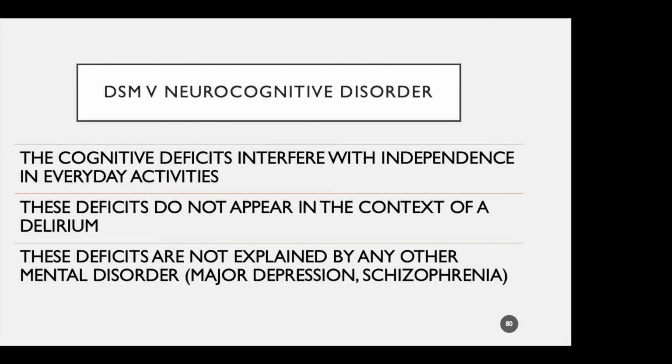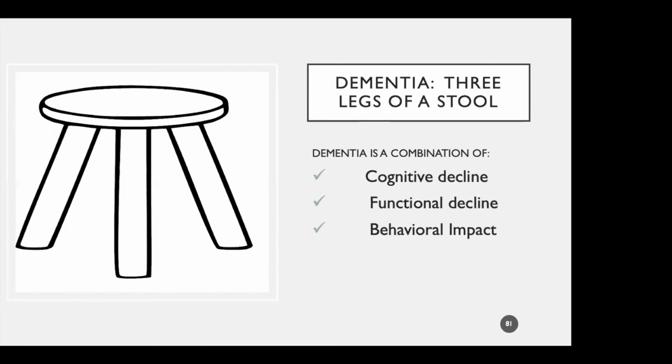Next slide. I look at dementia as a stool with 3 legs. The 3 legs are cognitive decline, functional decline. Remember, cognitive decline means your brain functioning declines. Functional decline is where it impacts your functioning, your ability to dress up, your ability to cook a meal, your ability to drive a car, your ability to balance your checkbook.